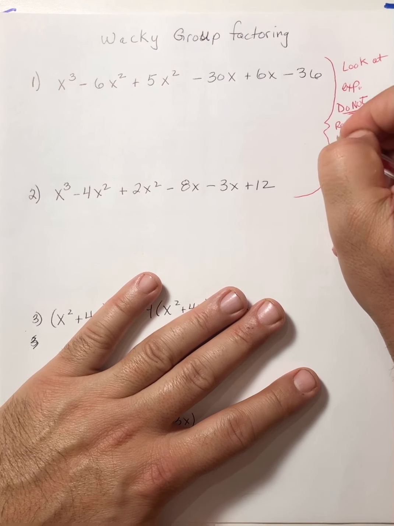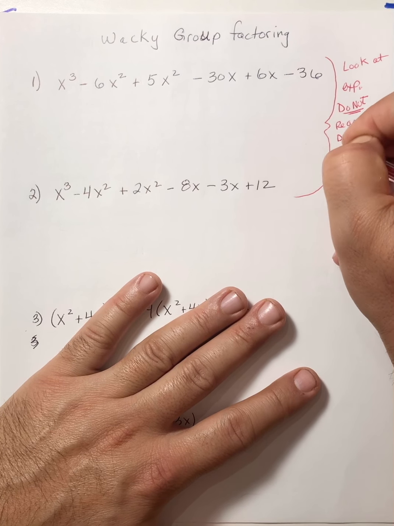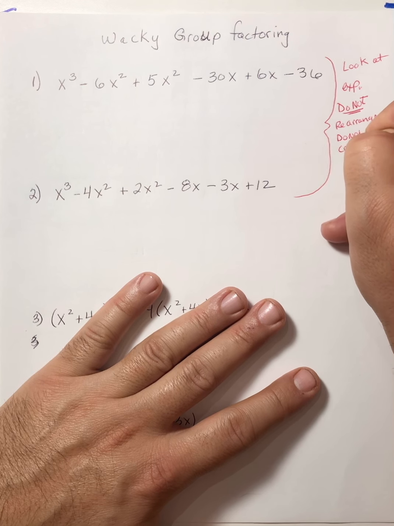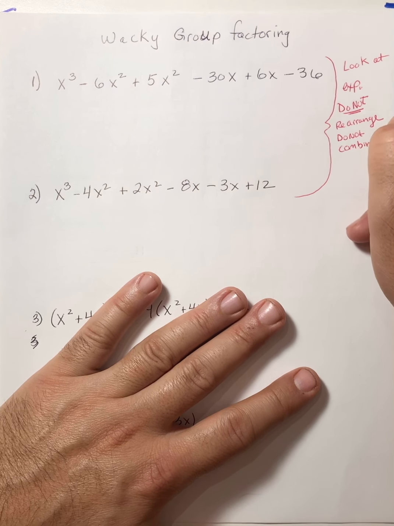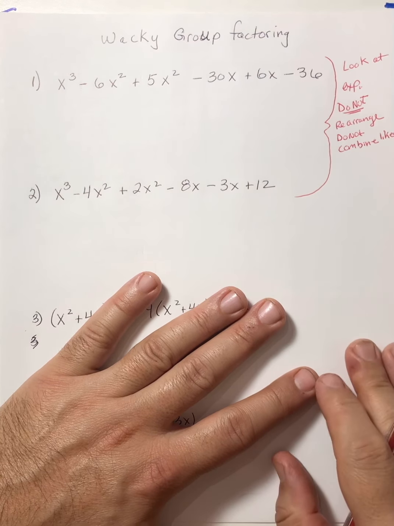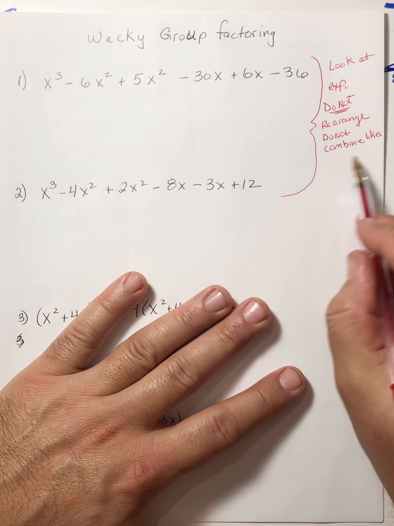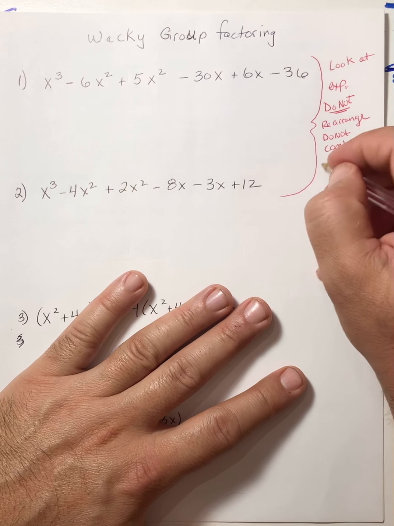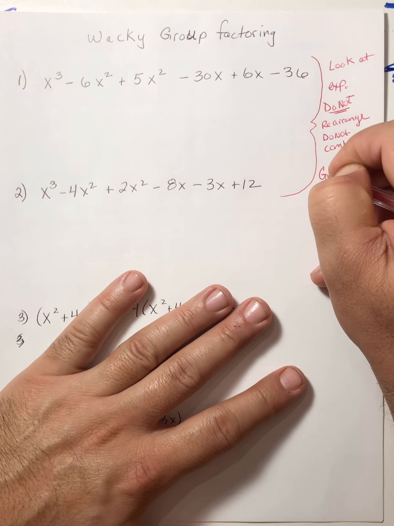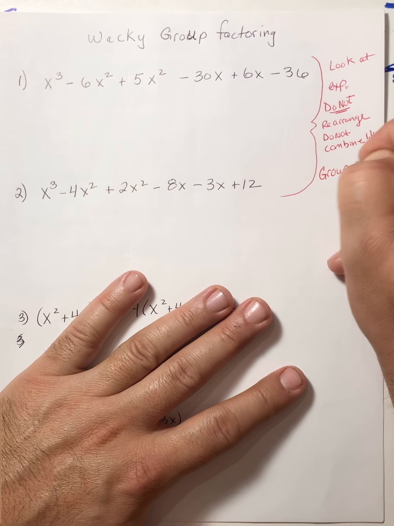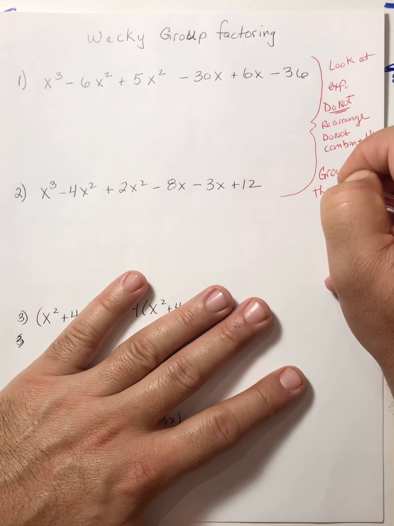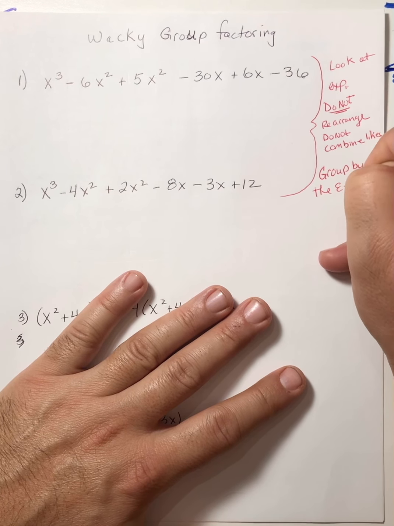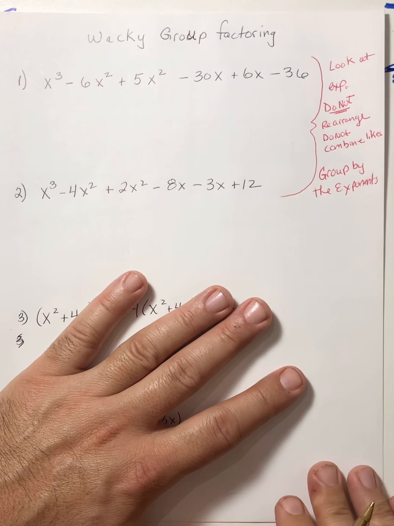Do not combine your like terms. What we're going to do is group by the exponents.